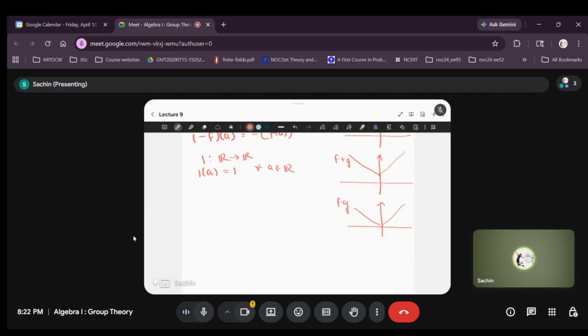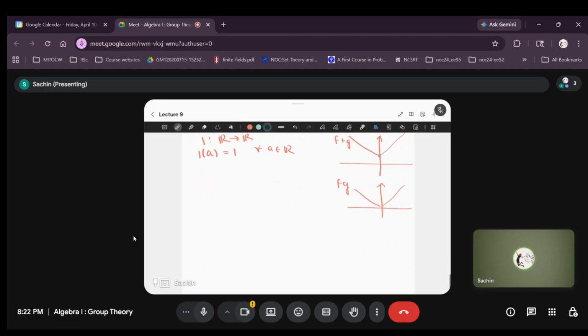So we give a name to numbers that have a multiplicative inverse in a ring. Let R be a ring, an element a in R is called a unit.